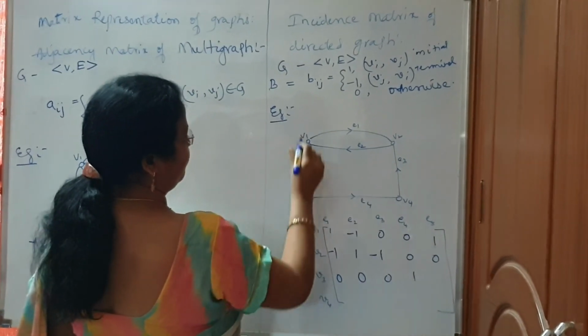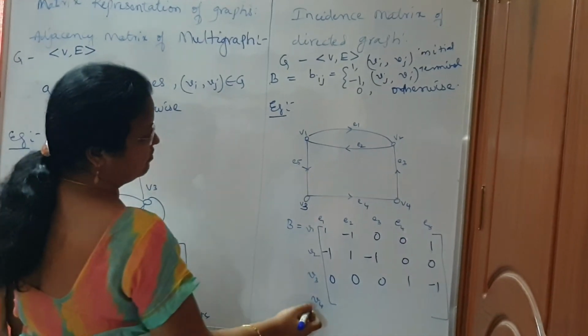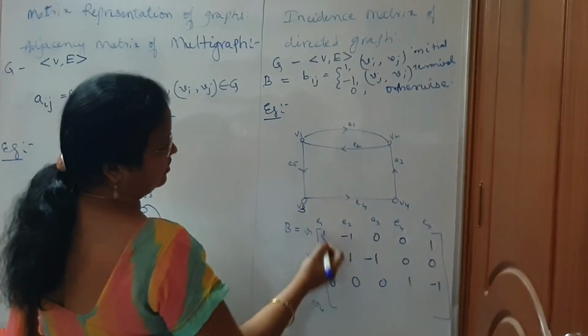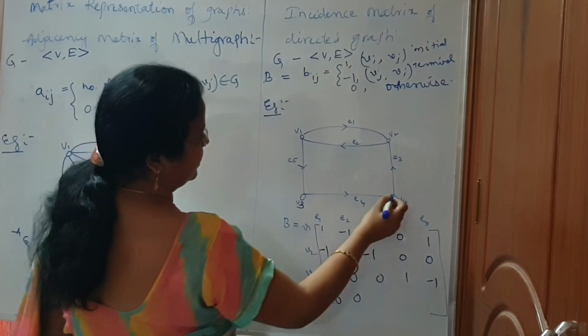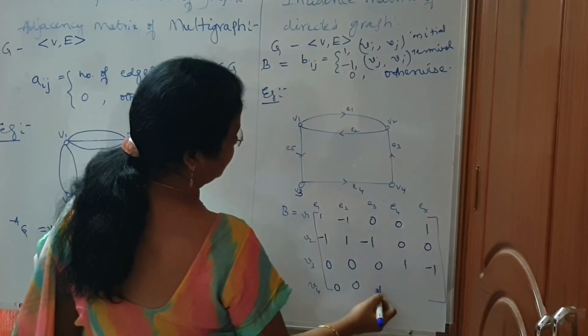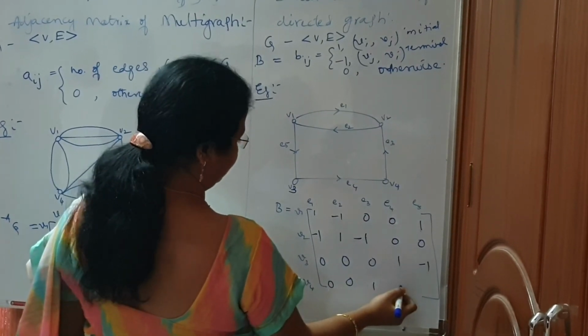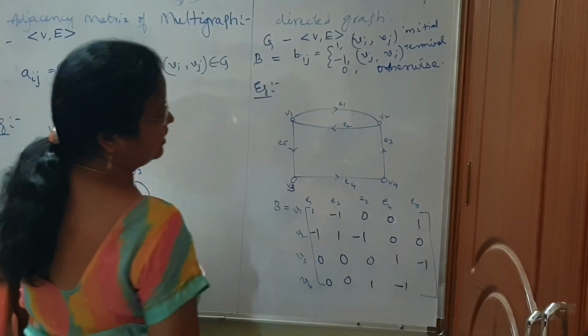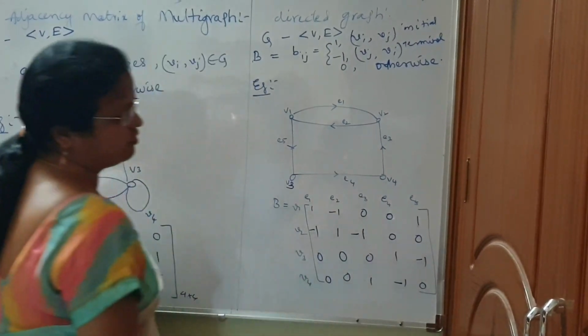Next E5, V3 becomes the terminal vertex, -1. Vertex V4: E1, 0. E2, 0. For E3, V4 is the initial vertex, 1. For E4, V4 is the terminal vertex, -1. E5, no connectivity, therefore it is 0.